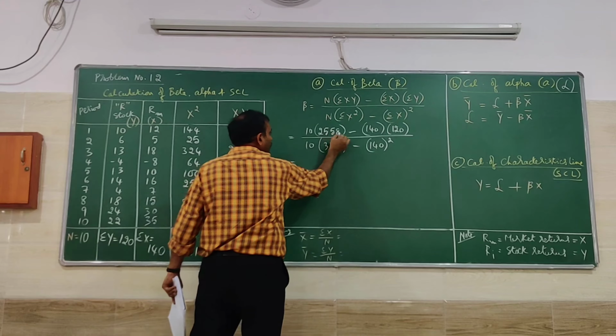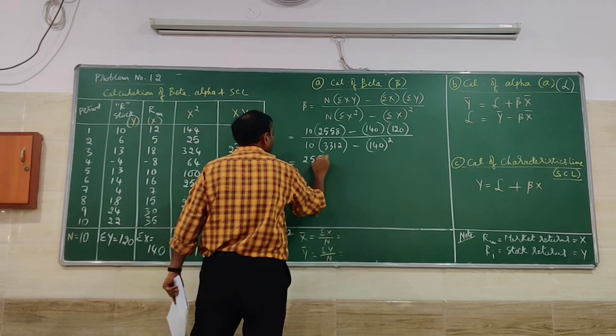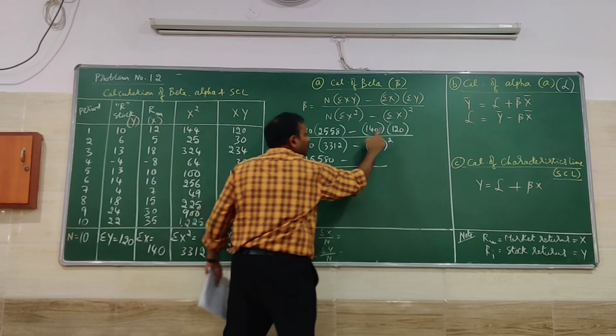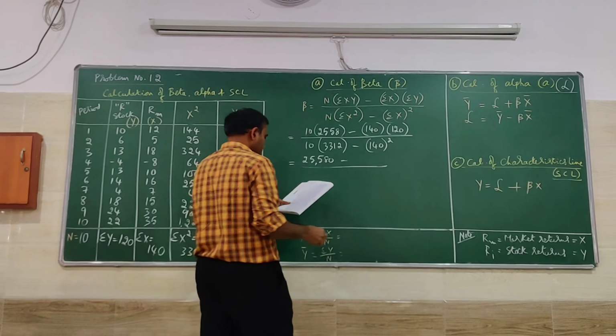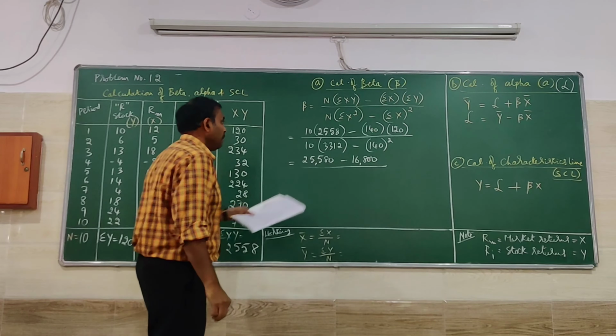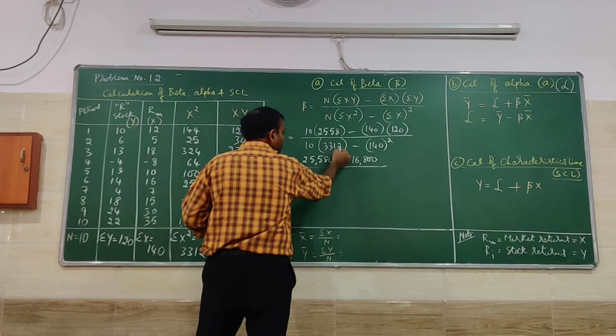10 into 2558. Then 140 into 120, 16,800. Then 10 into 3312.